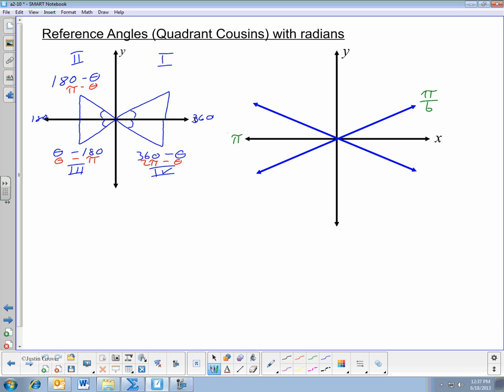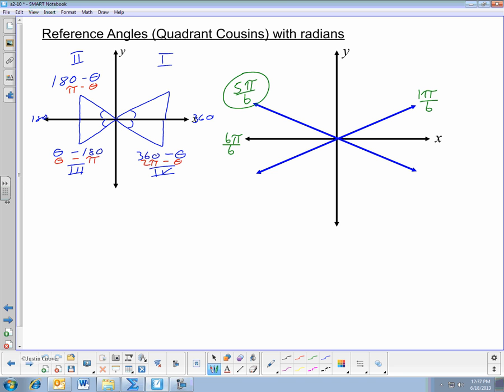Well, pi I could think of as 6 pi over 6, which makes it really easy. And pi over 6 is 1 pi over 6. And so if I'm 1 pi over 6 short of 6 pi over 6, that's going to be 5 pi over 6. And so that would be the quadrant 2 version of pi over 6.